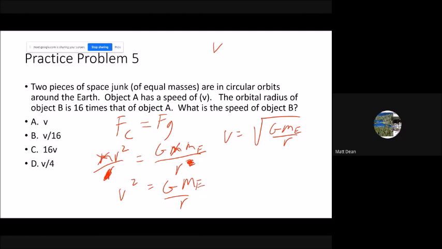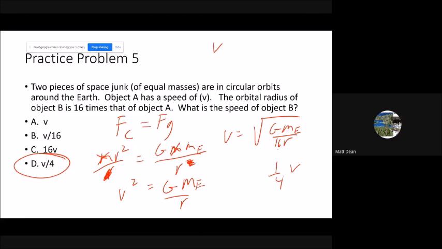The new one is 16 times further; the radius is 16 times as much. So if we put 16 right here, notice we take the square root of 1 over 16, which gives us 1/4. I'm hoping you see that the new velocity is 1/4 of the original velocity. So our answer D is the correct answer.